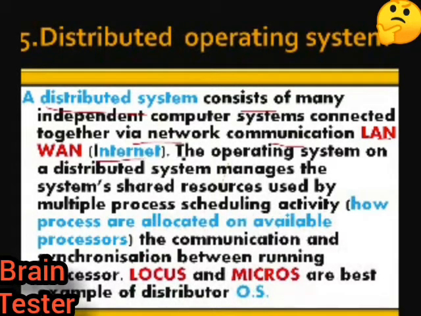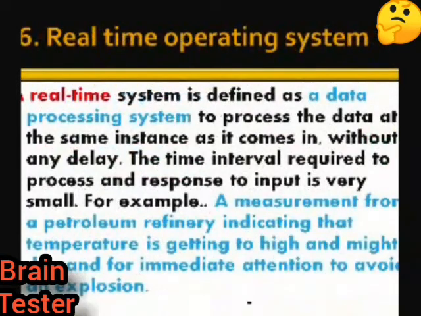The operating system on a distributed system manages the shared resources used by multiple processes, including process scheduling, how processes are allocated on the available processors, communication, and synchronization between the running processes. Locus and Mach are the best examples of distributed OS, meaning operating systems.